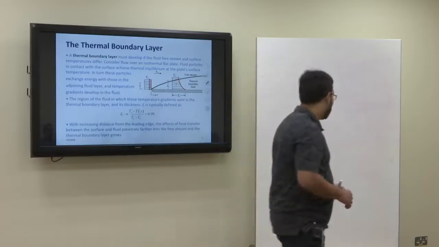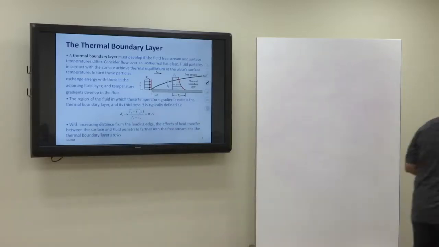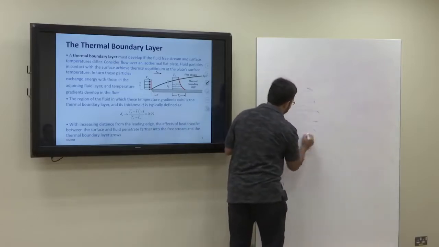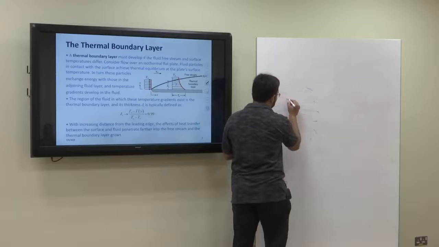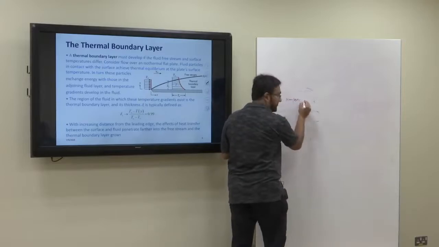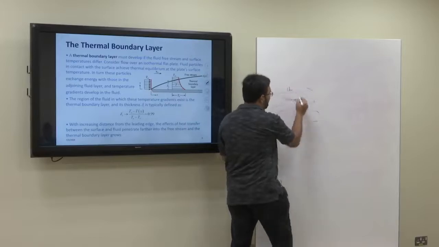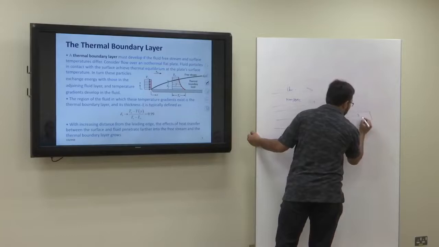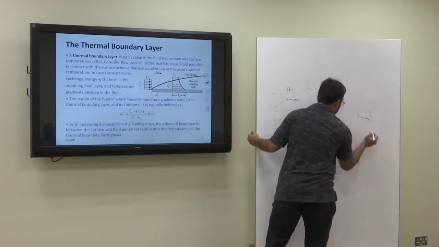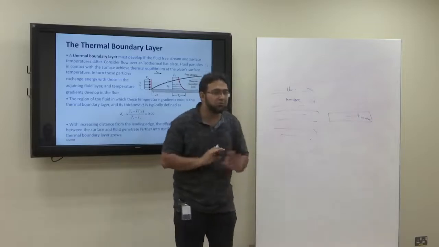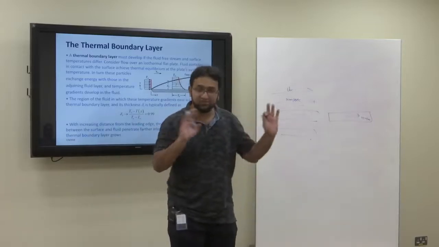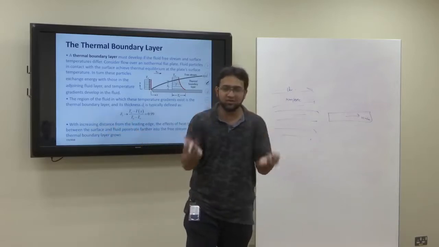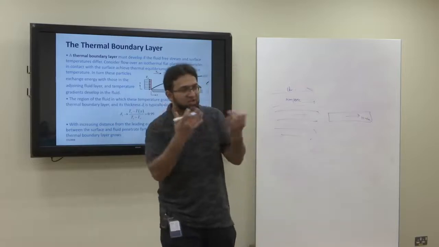Now suppose we have a condition like this: air is flowing at 10 meters per second, u infinity. We have a plate here, and the plate is also moving at 10 meters per second. There is no velocity disturbance, because everything is moving at the same velocity, so no velocity gradient. A velocity gradient will occur if there is some velocity change.